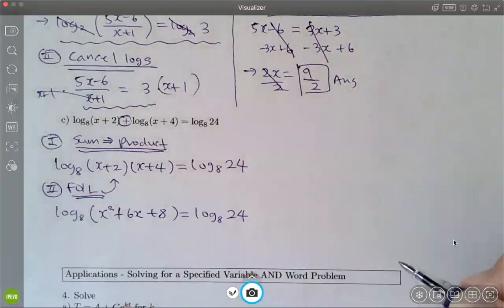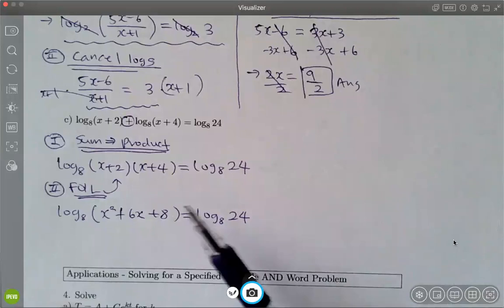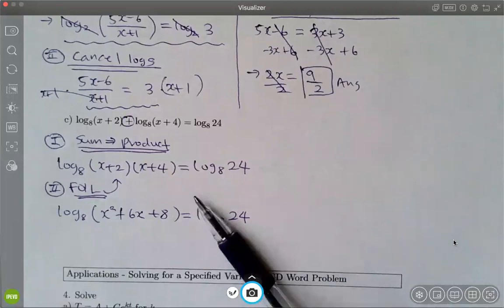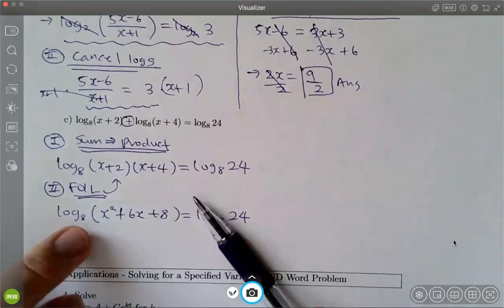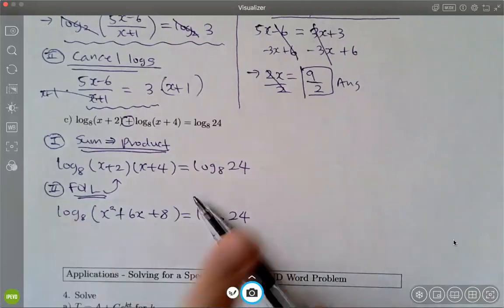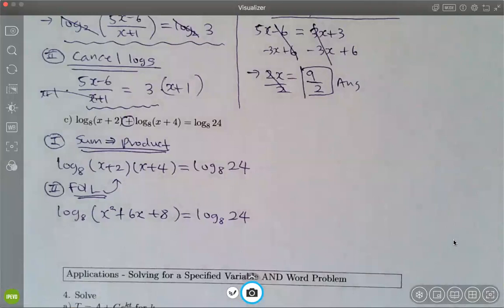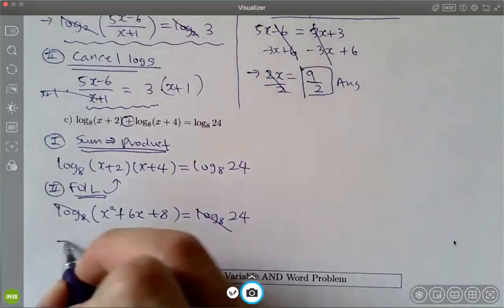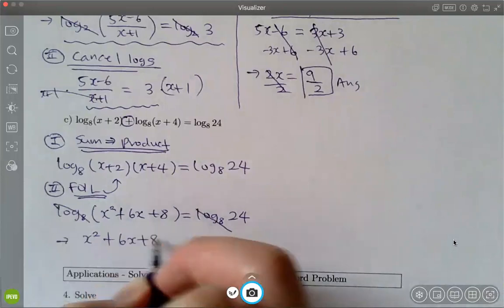Now, remember from yesterday's class, if we didn't have a log on the other side, you do the conversion, like 8 to the power 24 would be equal to this. But here, since we have logs on each side with the same base, you just cancel them. So you have x squared plus 6x plus 8 is just 24.